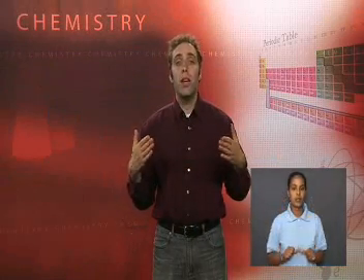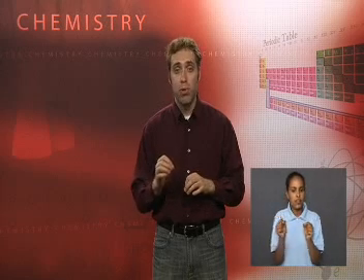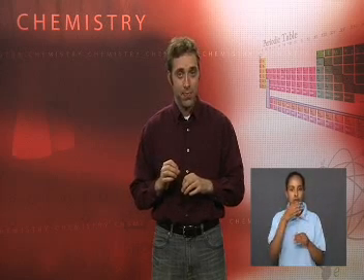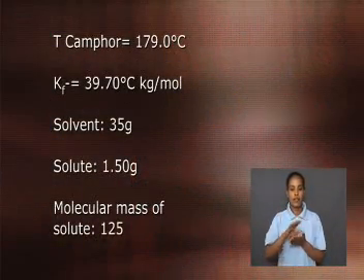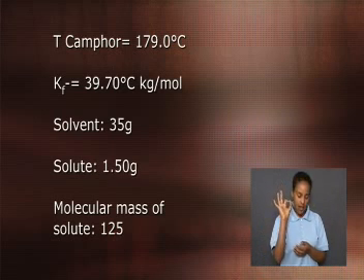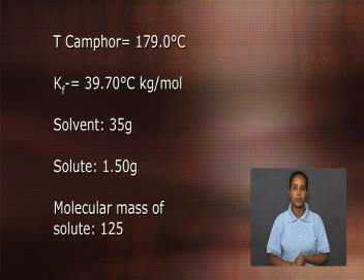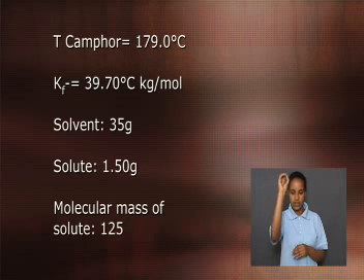Let us continue with our lesson by learning how to determine the freezing point depression of a solution. The freezing point of pure camphor is 179.0 degrees Celsius, and the molal freezing point depression constant of camphor is 39.70 degrees Celsius kilograms per mole.